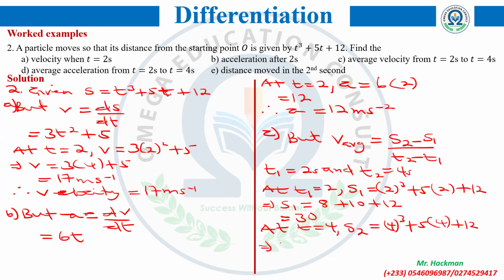This implies that your S sub 2 will be equal to 4 cube, 64, so 64 plus 20 plus 12. So that will give us which value? 96. So we know all our parameters, T sub 1, T sub 2, S sub 1, S sub 2. So we are in a comfortable lead.